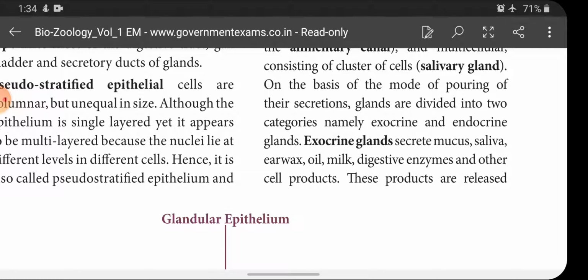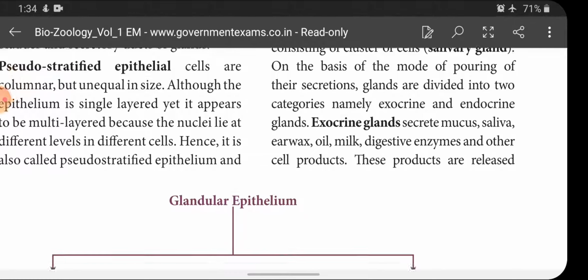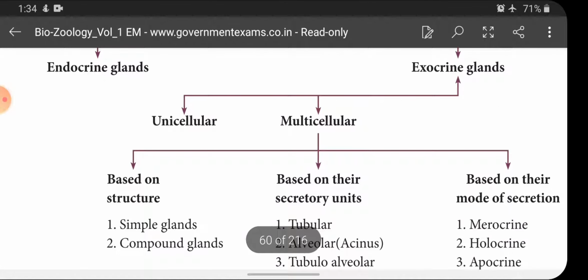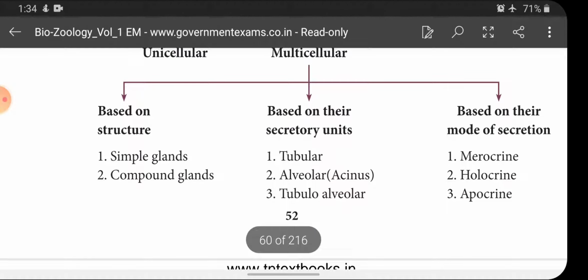In that situation, the endocrine glands pour their secretion into the blood, and the blood carries it to the target organs. So the glands without duct are called endocrine glands, and the glands with duct are called exocrine glands. That's it. Please go through this flow chart also, children.